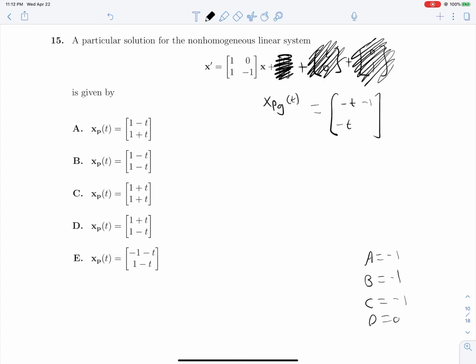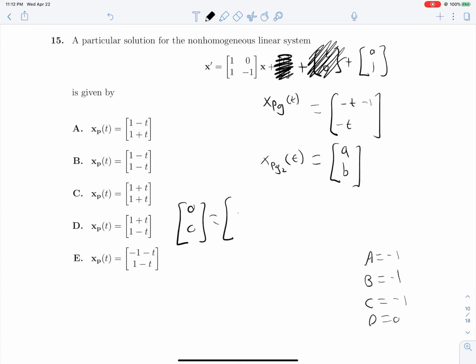Now let's pretend it doesn't exist and deal with (0, 1), although that's much easier because our x_p, our second guess really, is just (a, b). Taking its derivative and plugging it in for x prime, we see that (0, 0) is equal to the matrix (1, 0; 1, -1) times (a, b), plus this vector over here, (0, 1).